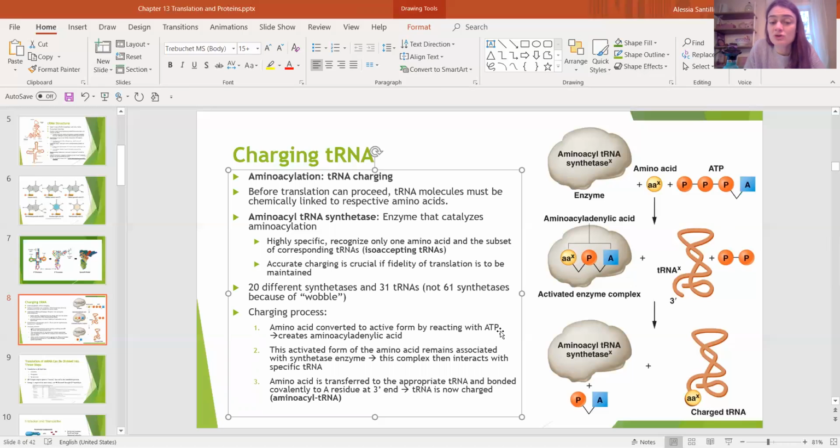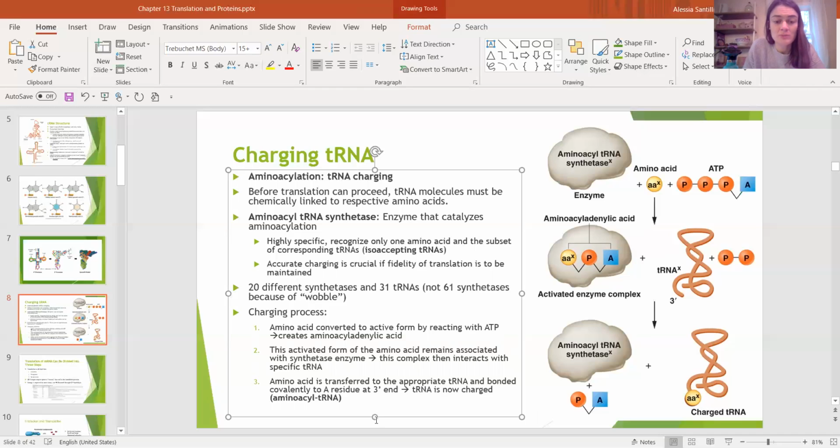This activated form of the amino acid remains associated with the enzyme until the enzyme actually interacts with a specific tRNA. So at this point, the enzyme is holding the activated amino acid, and once it gets a tRNA that holds the correct anticodon that is complementary to the codon that codes for the amino acid it's holding, it will then load or charge the tRNA with the appropriate amino acid on the 3' end of the tRNA.